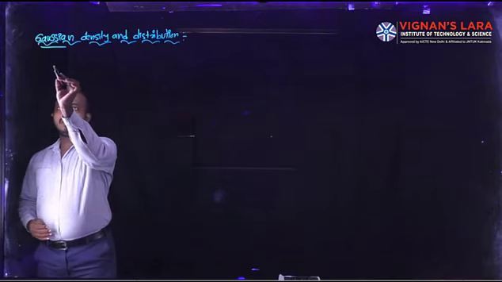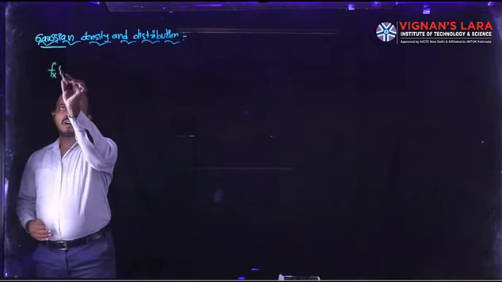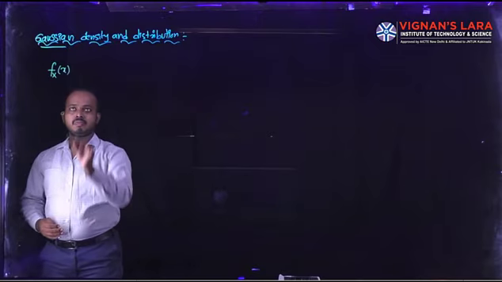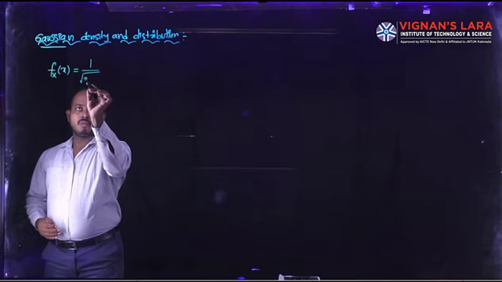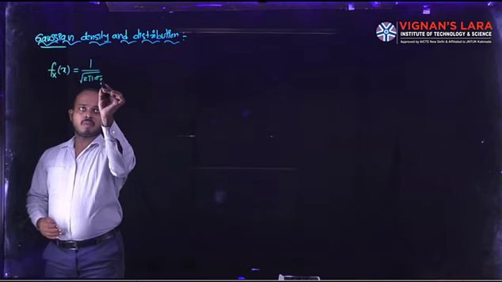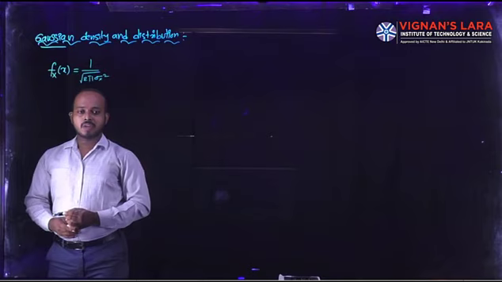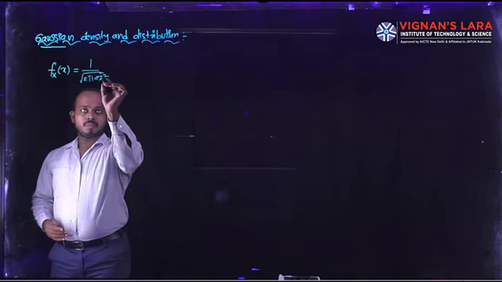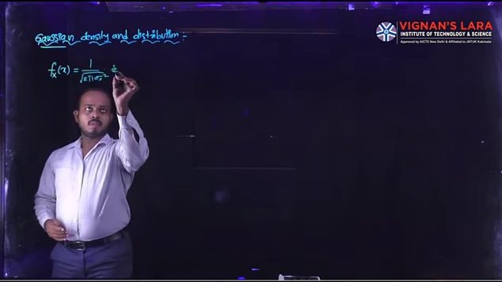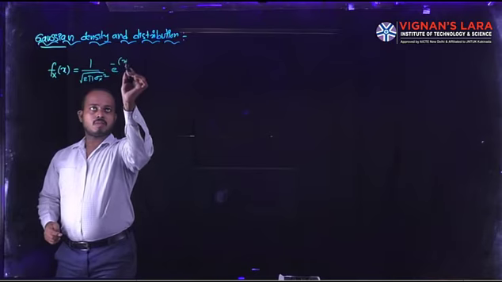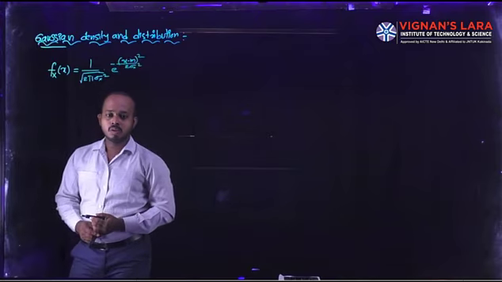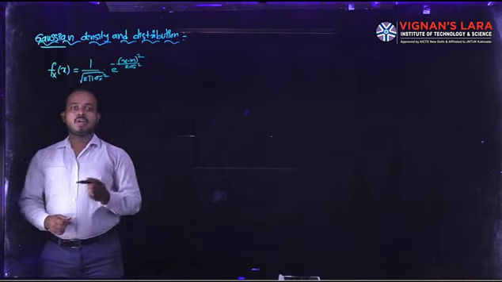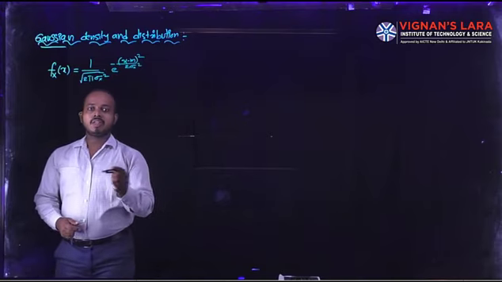The function is f_X(x) is equal to 1 divided by square root of 2 pi sigma_x square, into e power minus (x minus m) whole square divided by 2 sigma_x square. This is the fundamental definition of the Gaussian density function.